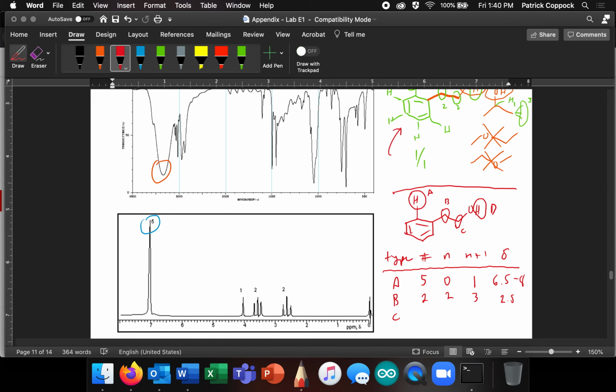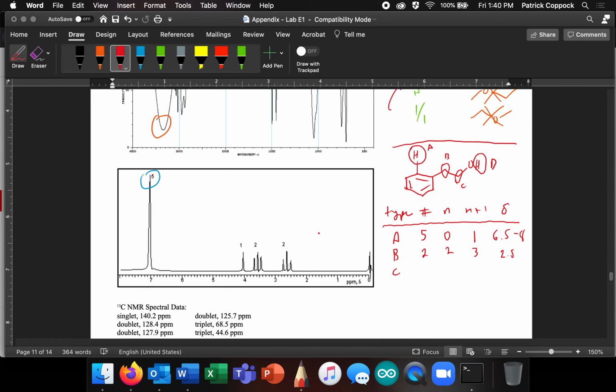C, you see how with great discipline I'm not looking over at the spectrum now? I looked at the spectrum for clues, but now I'm just going through this structure here and going forward. You should do the same thing. That's what I'm recommending. If I could require it, I would, right? So there's 2 here, and they have 2 neighbors. So it's going to be a triplet, because this is not considered a neighbor, right?